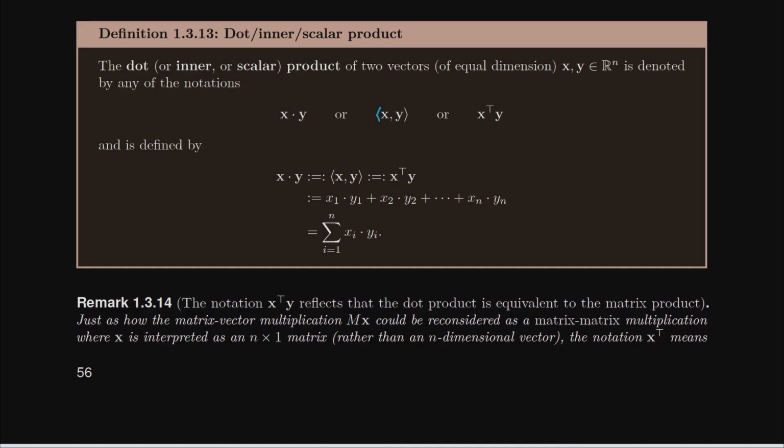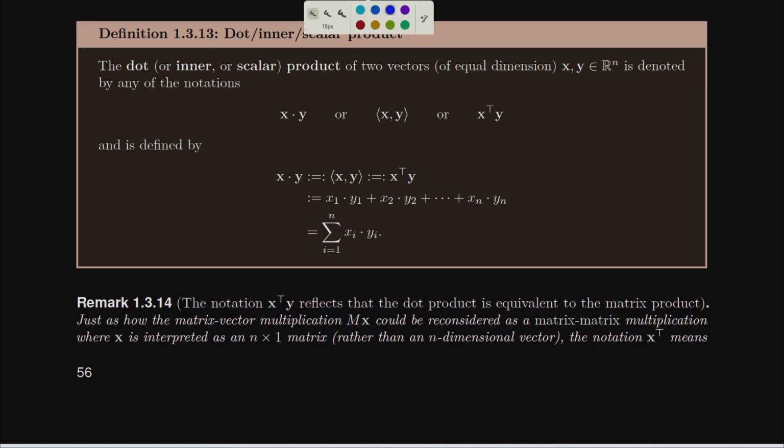We also see these brackets. These are called angled brackets. Or you'll see the notation where you take one vector and you put a t. It's called the transpose. You'll put the t next to the vector on the left. It always has to go on the vector on the left. You put the t next to that vector, and then you just write it adjacent to the second vector y. So any of those are equivalent notations.